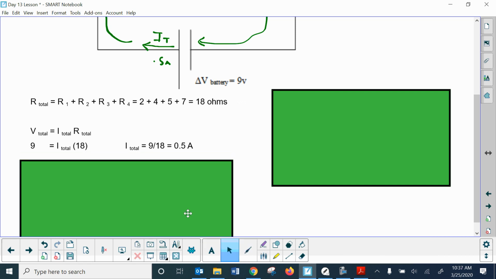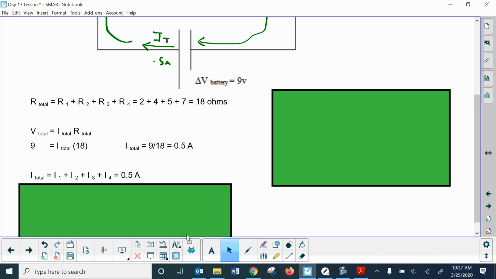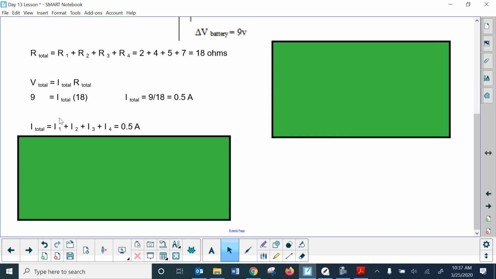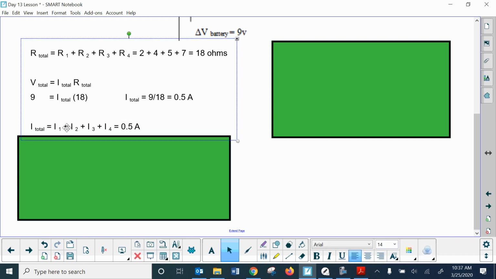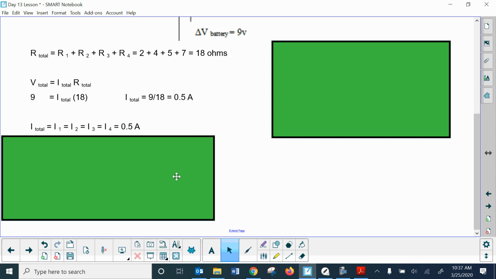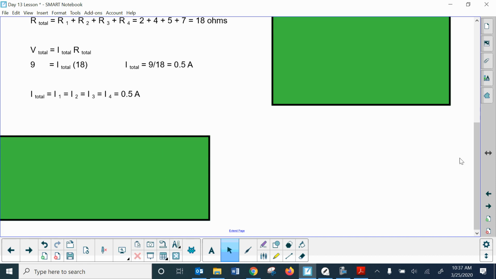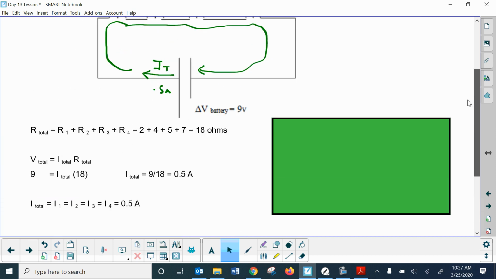So the current for every one of these individual resistors has a current of 0.5. Sorry for that typo. So the total current is 0.5, and that means the current that goes through each piece is also 0.5.